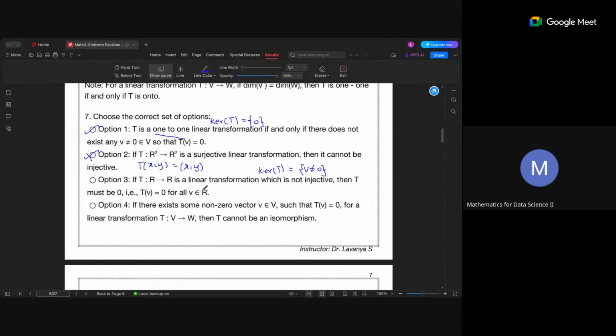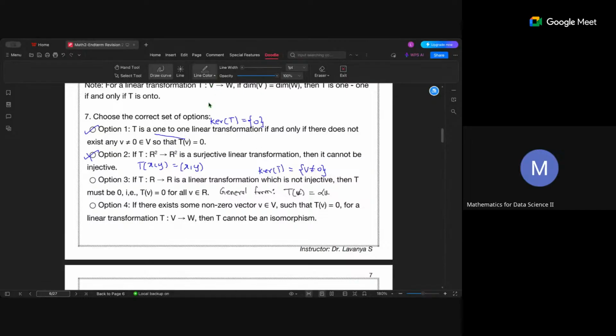So T is from R to R. What is the general form of a linear transformation from R to R? T of U should look like alpha U, right? Now it is given that you have a vector V in the kernel which is non-zero.